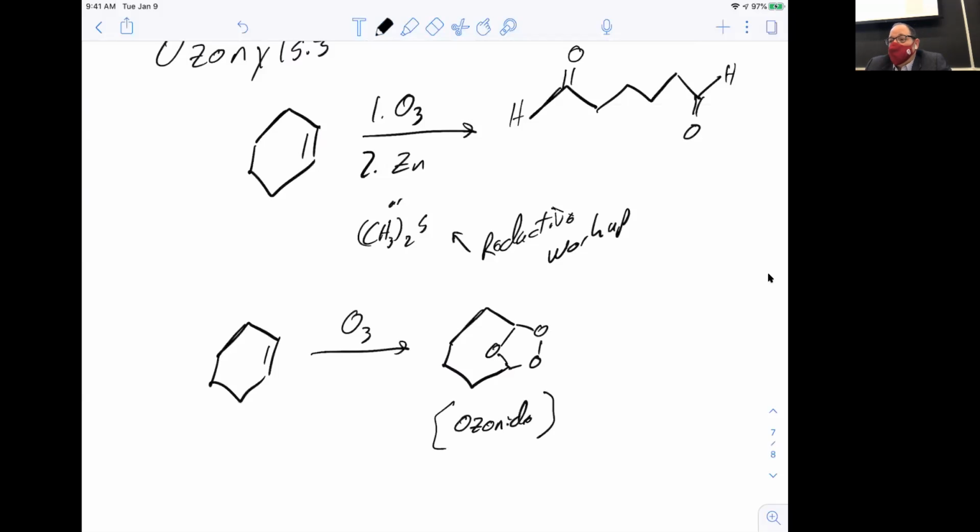Now, what should you notice in the ozonide? We've already broken those two carbons, right? Those two carbons are no longer attached to each other. If we follow this with the reductive workup, then what we end up with is adding a carbonyl, let's say an aldehyde, to both of those two positions.